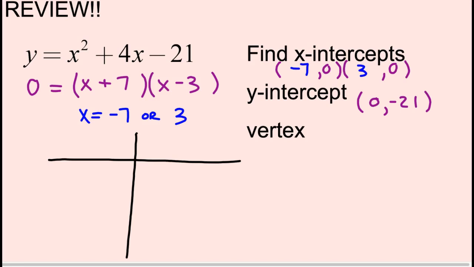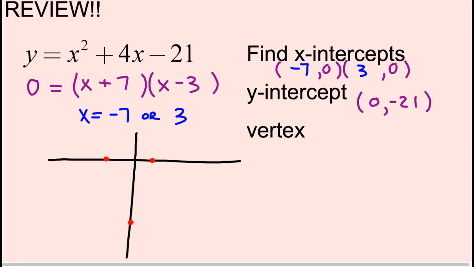It's going to have an x-intercept of negative 7. I'm just eyeballing it here. So negative 7 there. Let's make 3 right about there. Y-intercept is negative 21, so that's going to be like down here. It doesn't have to be perfect.